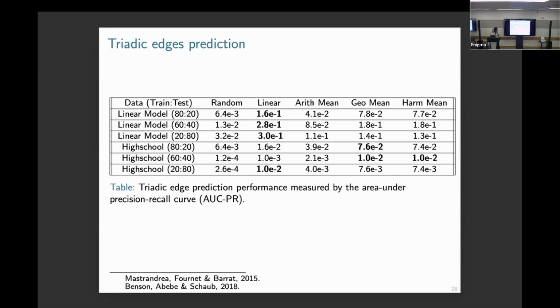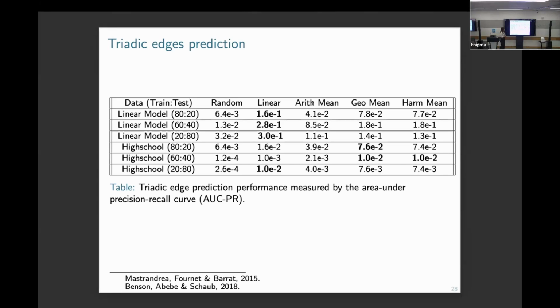In the synthetic model, there's no time step, so the data are just randomly split by the ratio. And by data, I mean the hyperedges. In high school data, there's a timestamp, so the data is split by time. So we learn from the first 80% of the time and then test on the last 20% of time.